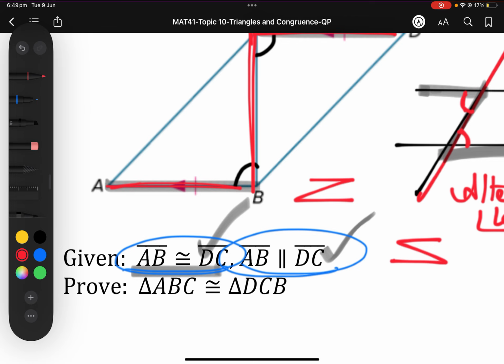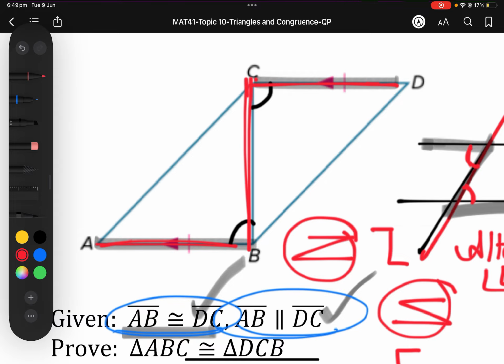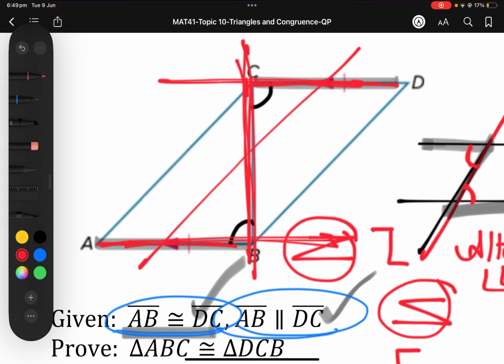It can be any way possible. It can be like this also, or any shape can be there. But there is this parallel line, there is this parallel line, and in between them the line is standing like this.